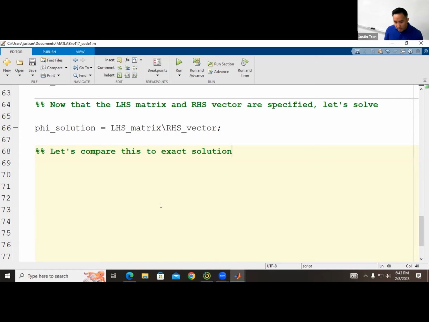What I'm going to do is compare this to the exact solution. So I'm just going to go pretty fast here.